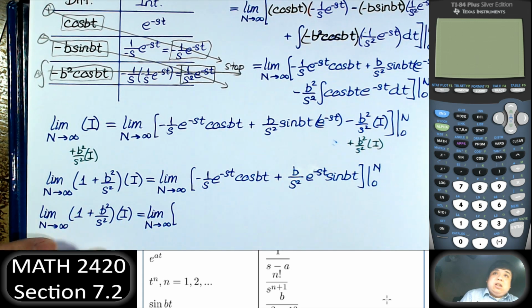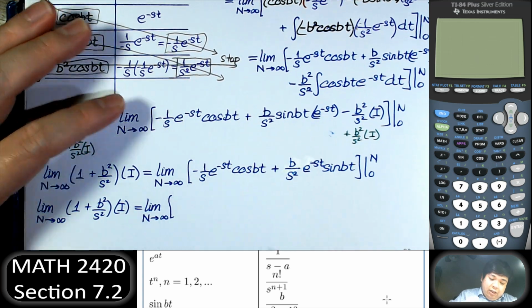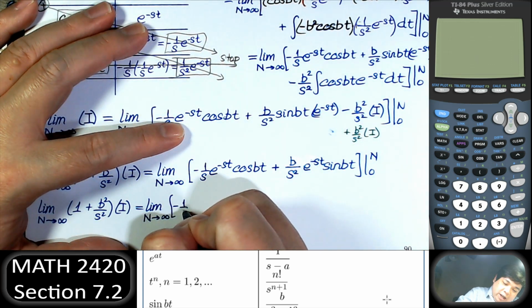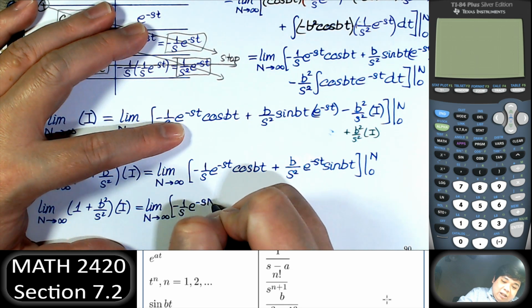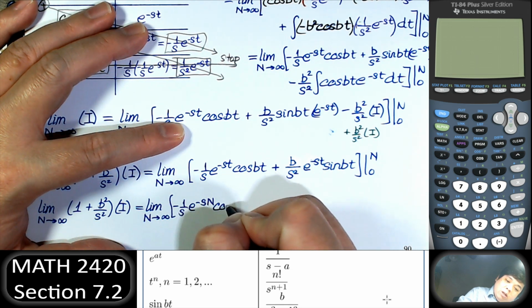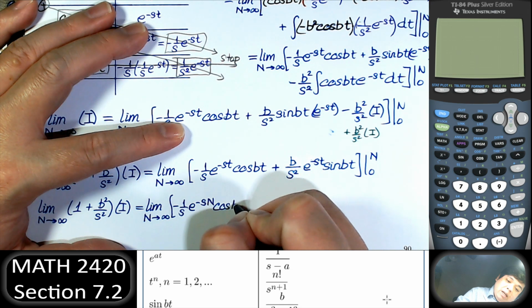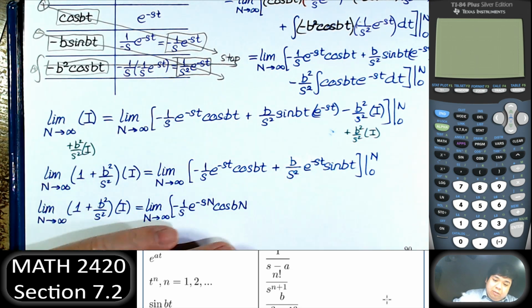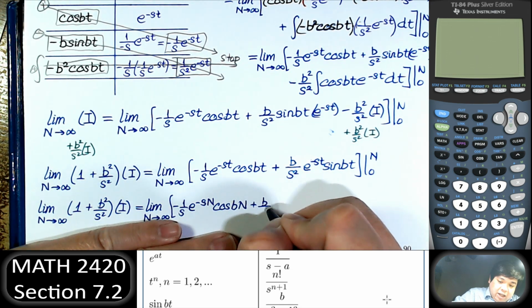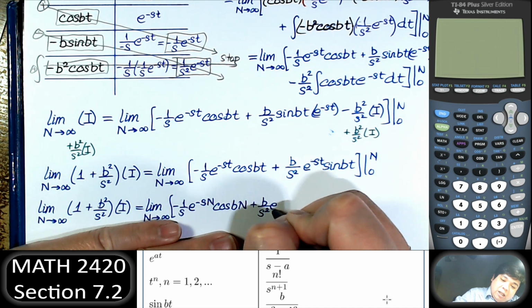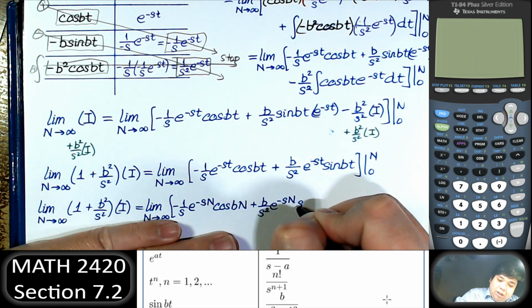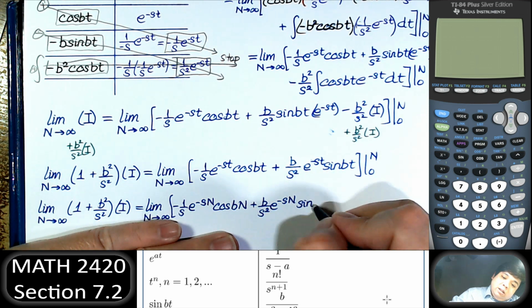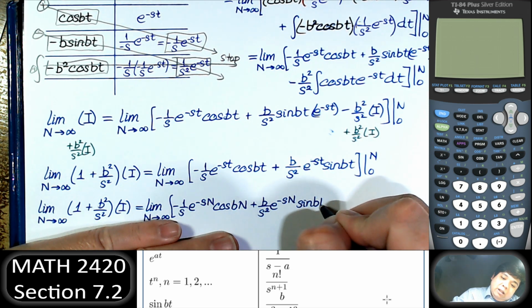Right, now substitute in. First we put n: negative 1 over s, e to negative s times n, cosine b n, plus b over s squared e to the negative s times n sine bn.